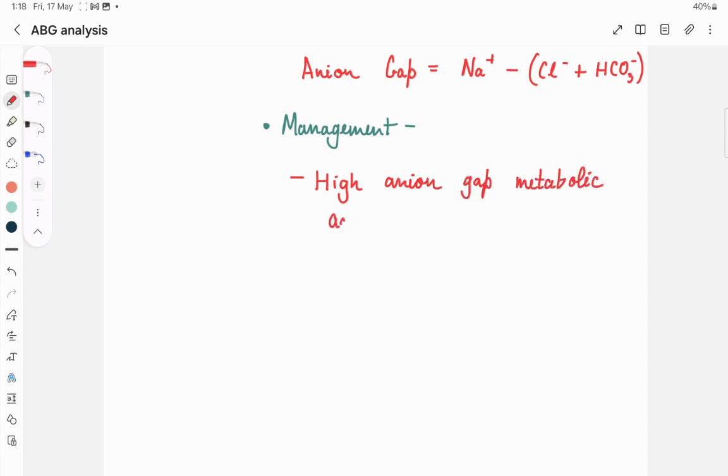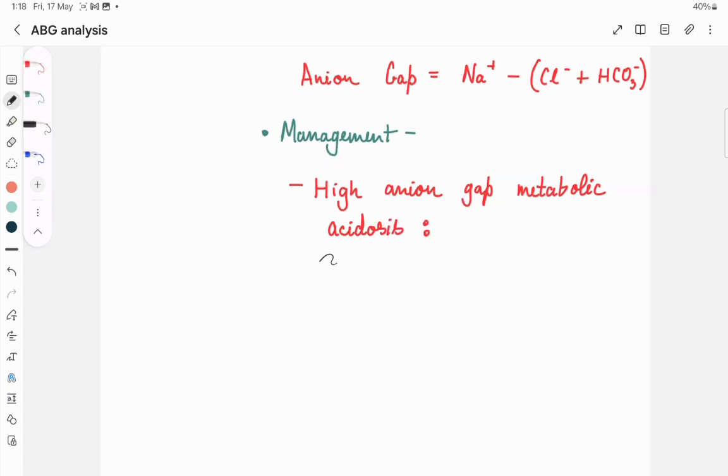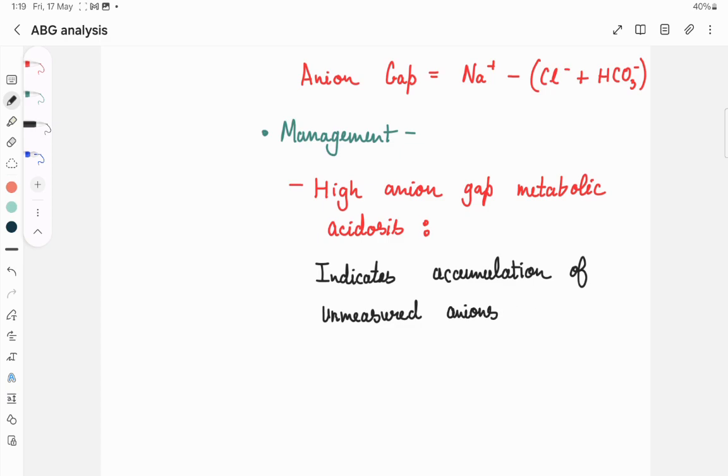High anion gap metabolic acidosis indicates accumulation of unmeasured anions.